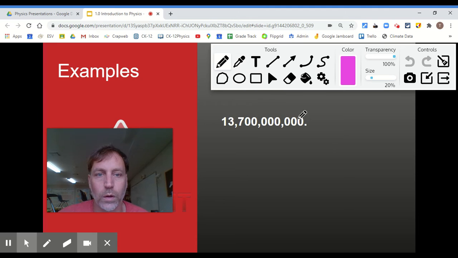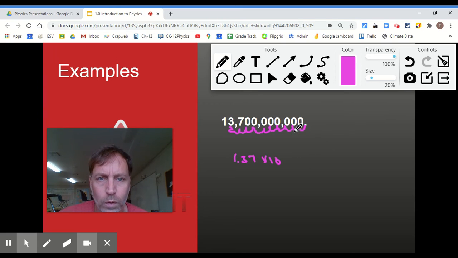So what we do is we get our pen. We're going to count how many times we go: 1, 2, 3, 4, 5, 6, 7, 8, 9, 10. So we're going to make this a number between 1 and 9. So that's going to be 1.37 times 10. How many did I move?